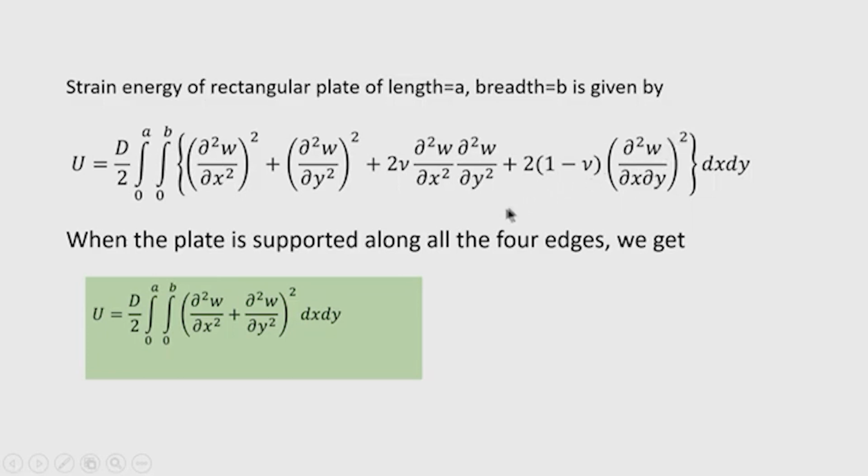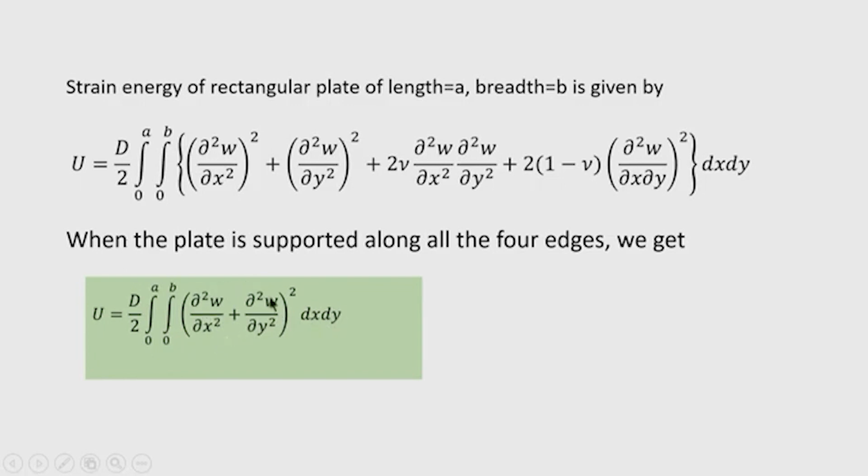And for a rectangular plate which has all the edges supported, whether it is a clamped support or a simple support, meaning a simply supported plate, the second term containing the Poisson ratio will vanish. So, that means the expression can be simplified in that case into a simple form: U is equal to D by 2, integration 0 to a and integration 0 to b, Laplacian operator del square w, whole square, dx dy.